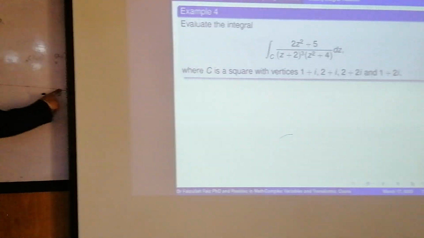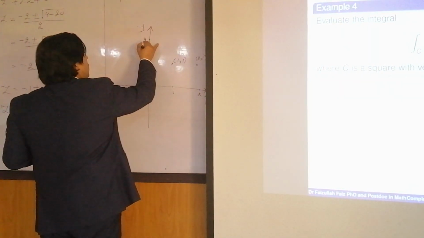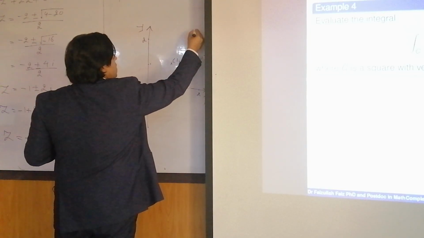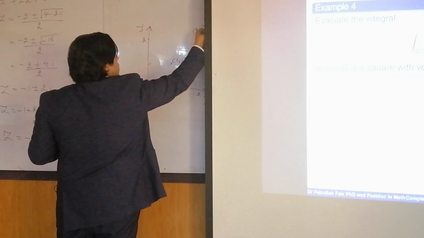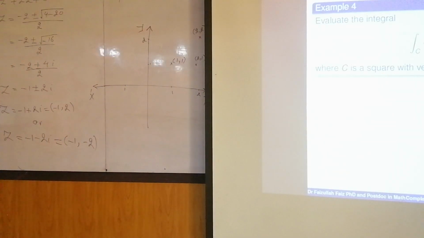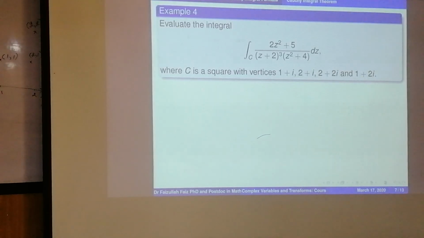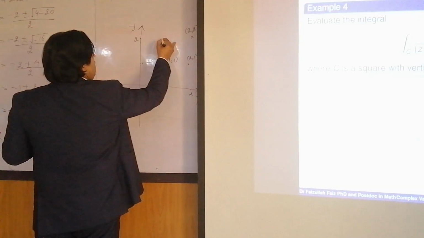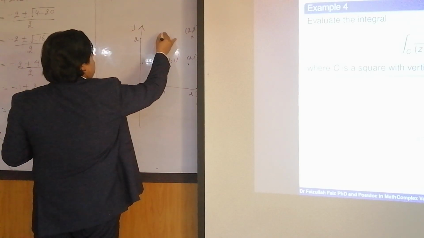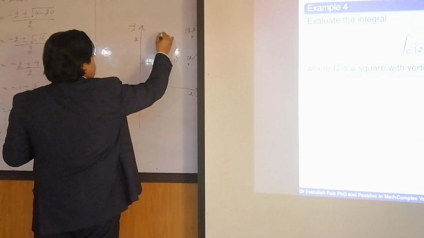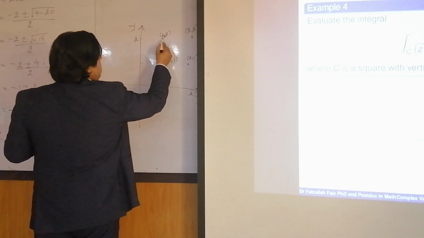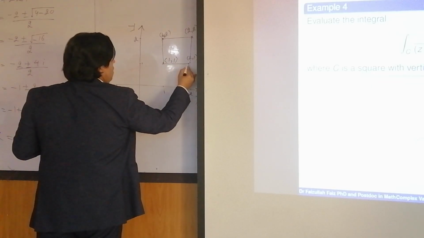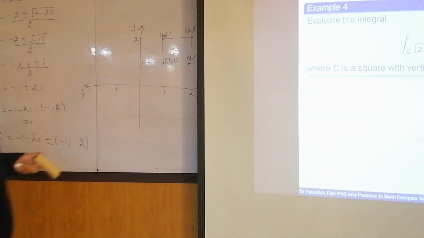So this point lies here: (2, 2). And now let us draw the last one, which is 1 + 2i. x is 1 and y is 2, so this point is almost here: (1, 2). Now if I connect these points, I will get this closed curve, which is a square.